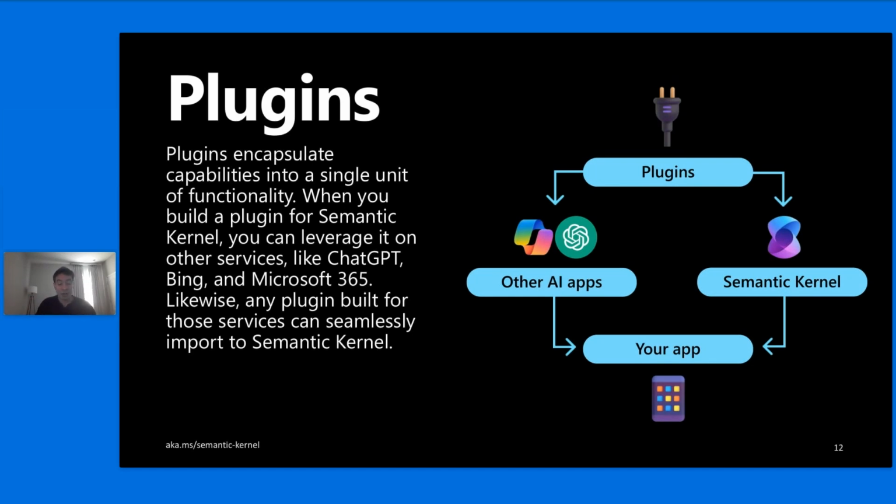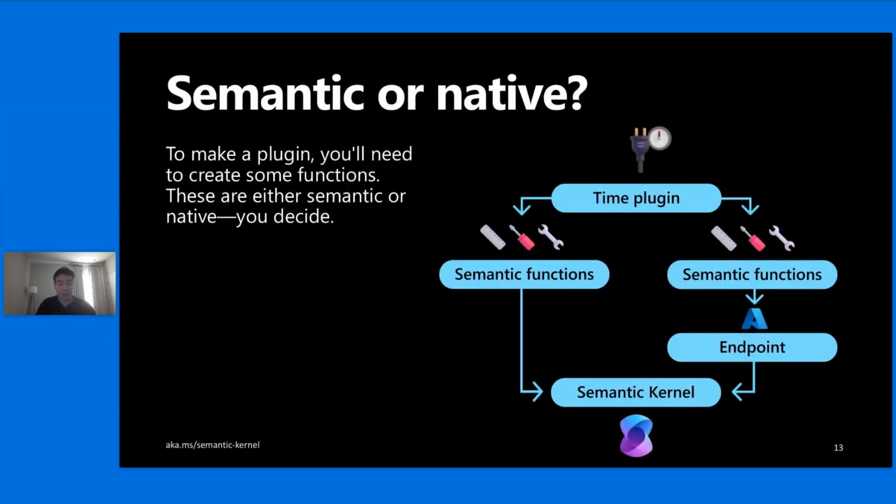So let me go ahead, because I don't want to take a lot of your time, and go to plugins being semantic or native. This is simple. Semantic, you remember, is how you write. So you can create a plugin writing like a prompt, describing what is going to happen, everything.